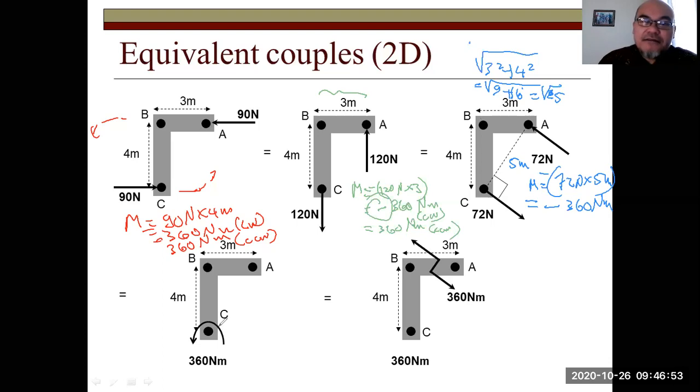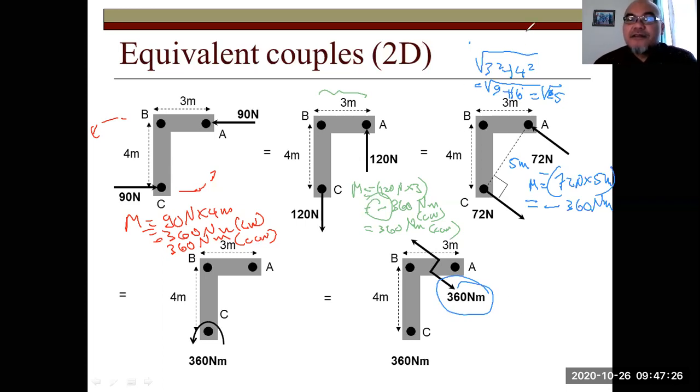Finally, here we have immediately a moment, 360 Newton meter, right? So this also will rotate the structure counterclockwise about point C. Or otherwise, we can express this as a couple, having two forces opposite in direction and parallel lines of action with a value of 360 Newton meter.